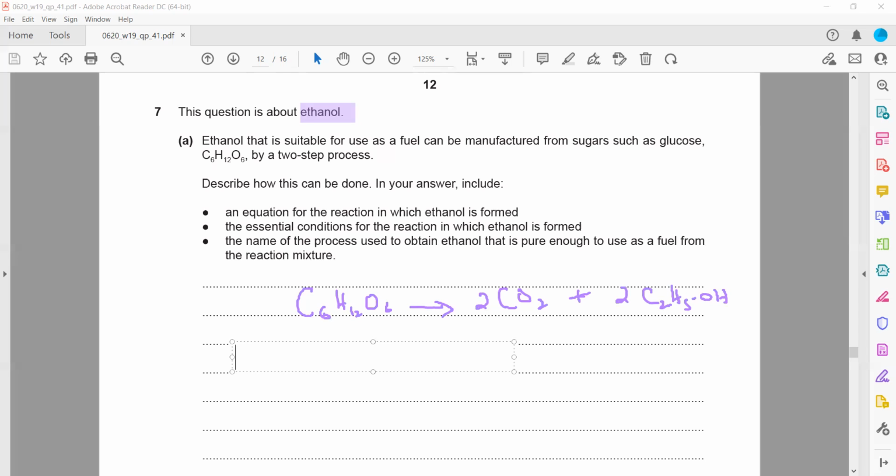What are the reaction conditions? Anaerobic respiration, so means in the absence of oxygen. Anaerobic here means no oxygen should be there, around 25 to 30 degrees centigrade, in the presence of yeast.